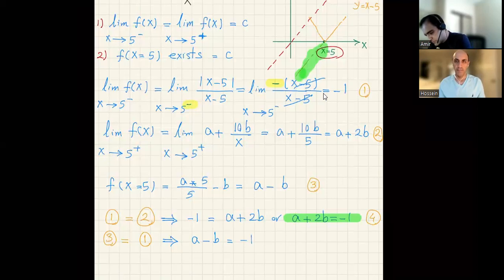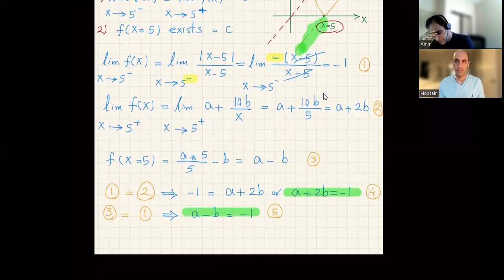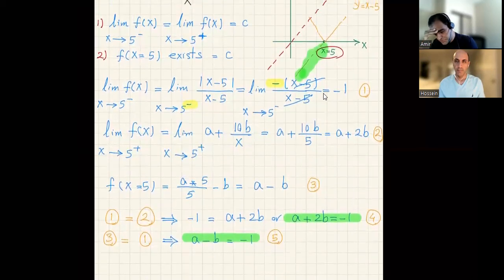So this is result number 5. And then, it seems that I'm at the end of the page. So right now, you got 2 equations, number 4 and number 5, with 2 unknowns, A and B. Correct.